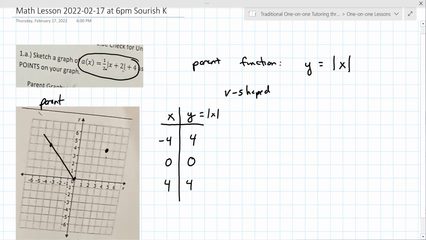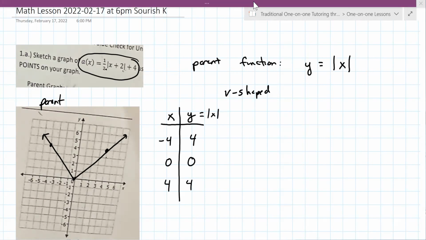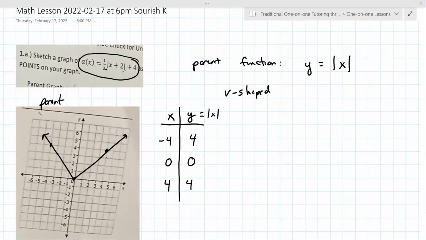The parent function is y equals the absolute value of x. Let me know when you get this graph down. That's the leftmost graph. And then we're going to talk about the domain and then the range.